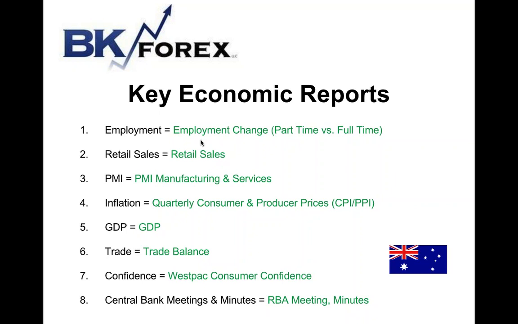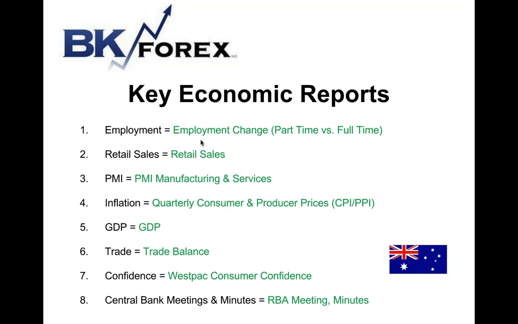One of the very, very important things, and this is true, by the way, about both the Canadian and the Australian data, is that they have this very interesting convention that they report what's called a headline number. Let's say they created 50,000 jobs. On a headline basis, that could be very good.